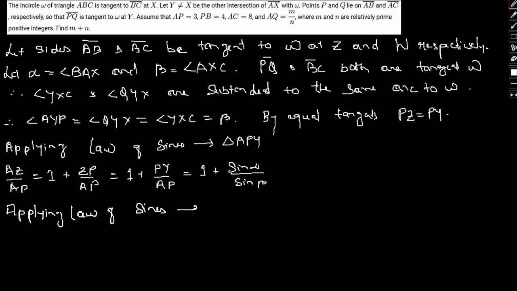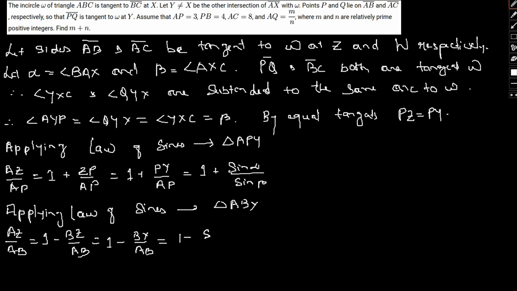to triangle ABX, we have AZ by AB equal to 1 minus BZ by AB equal to 1 minus BX by AB equal to 1 minus sin alpha by sin beta.